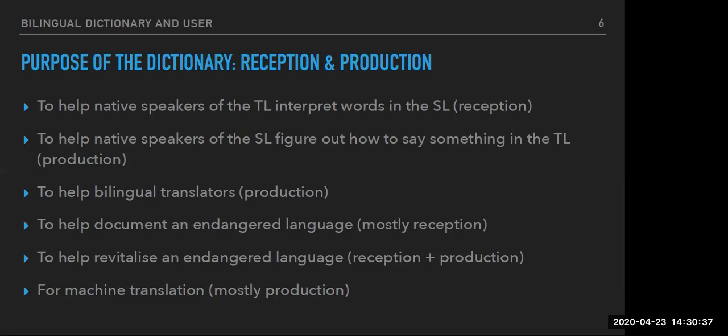Of course, there are always practical considerations, like what format the dictionary is, if it's print, how much information you can include, and how much money you have. But purely in terms of the lexicographer's theoretical questions, you would want to consider these kinds of questions.